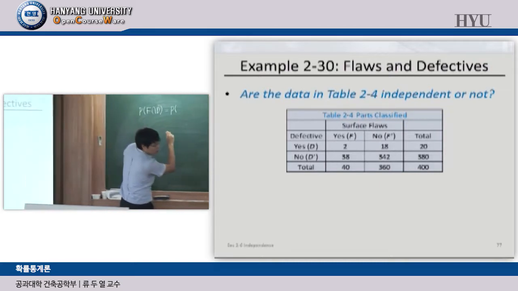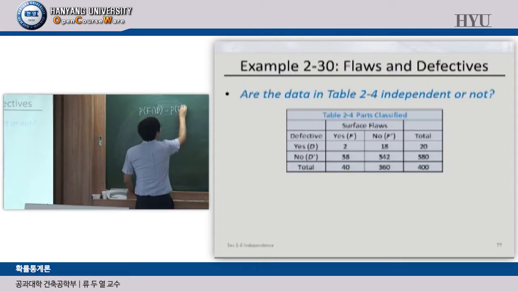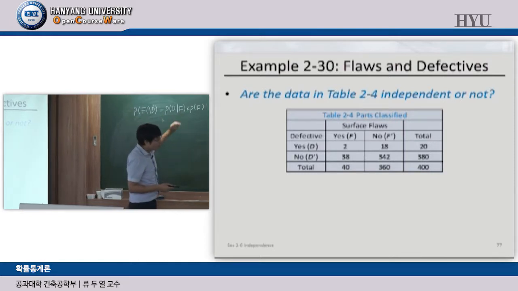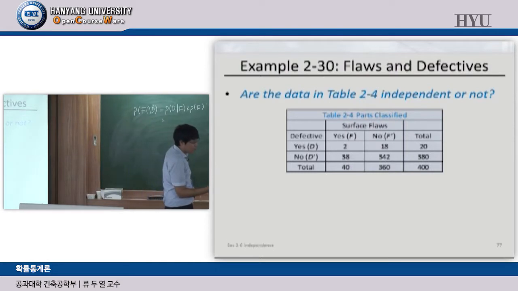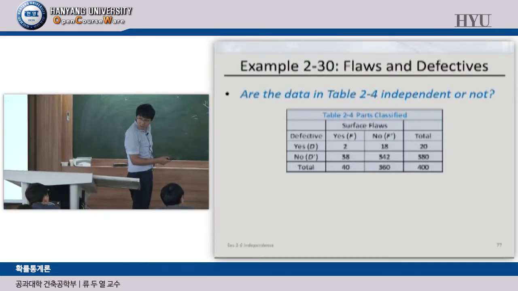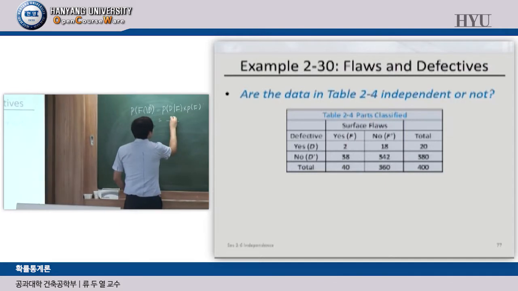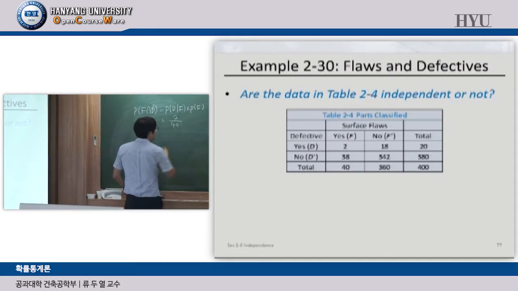The conditional probability of D given F multiplied by the probability of F, right? We know about this definition, right? And what is the conditional probability of D given F? That is 2 divided by 40, right?